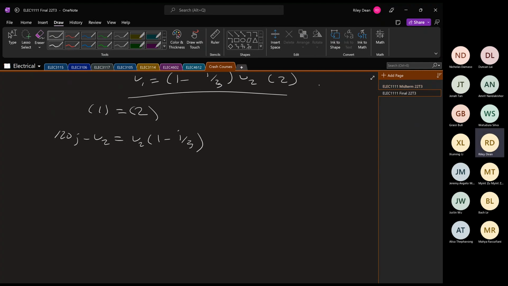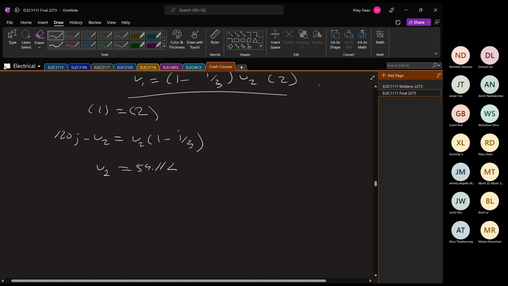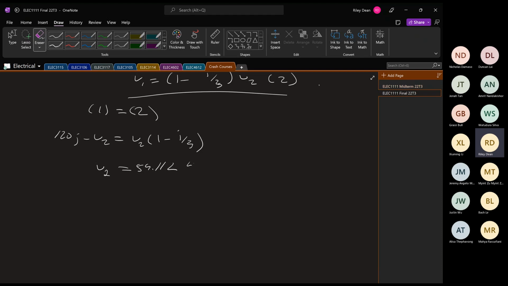This allows us to now solve for V2, which, in the interest of time, I'll just quickly get that answer out. So that is V2.